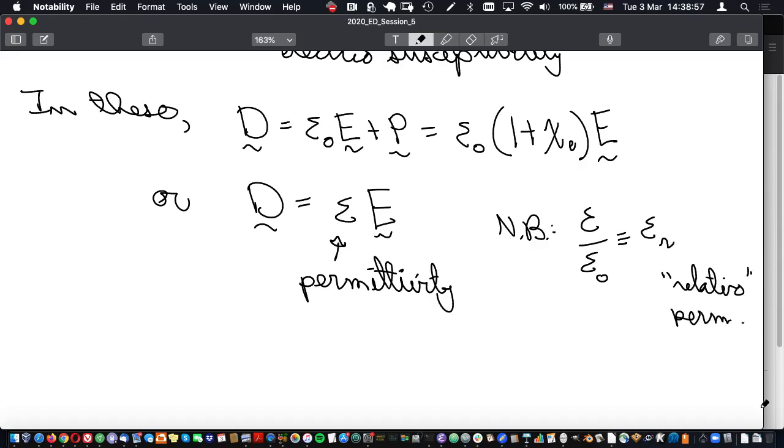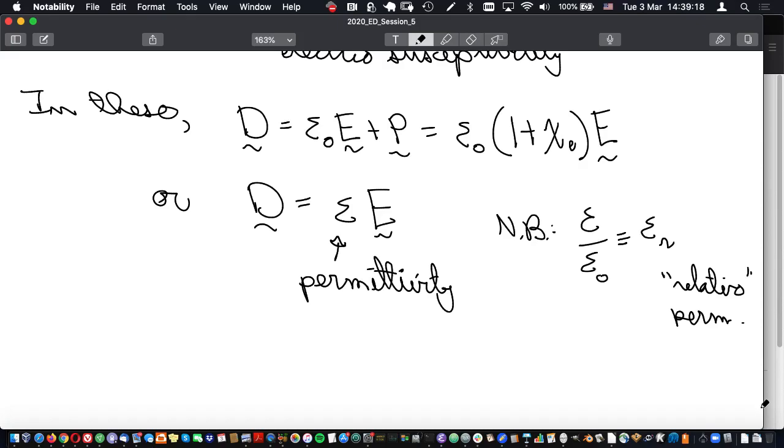Just nomenclature for these things. So these linear isotropic dielectrics are the most typical ones in the exercises that we'll do. So you can almost take it for granted that that will do. Okay.